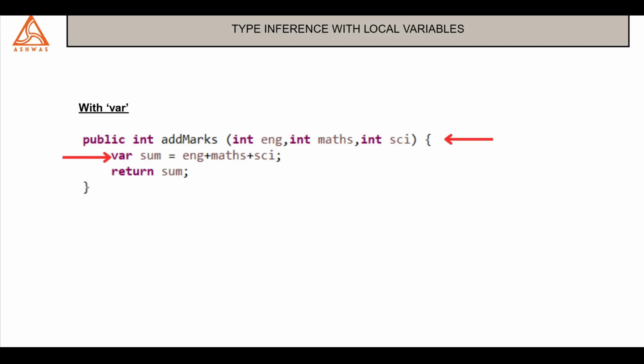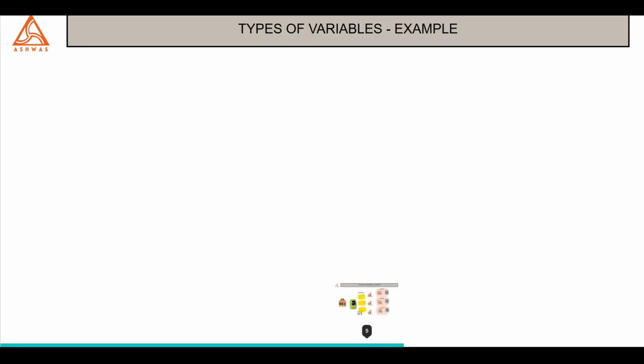So we have seen what is a variable, we have seen what is type inference, and now let us go ahead and talk about what are the types of variables in Java. In order to understand the types of variables, we will have to give you an example.